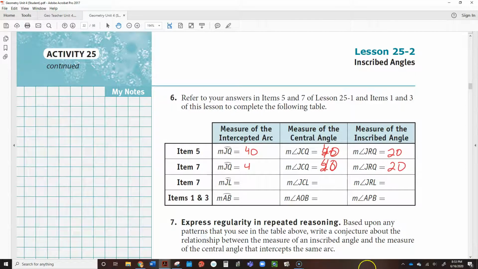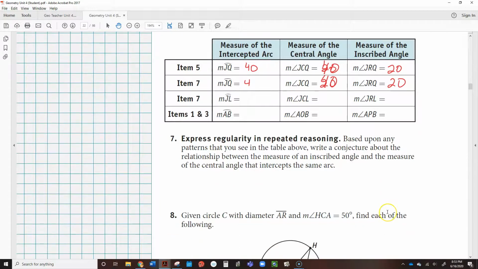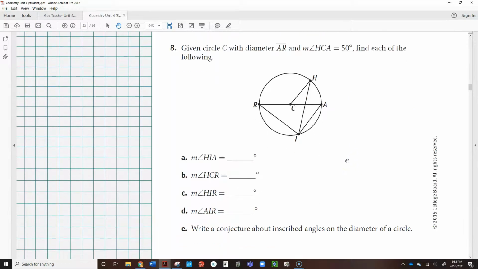Item 7 says, based on any patterns that you see in the table above, write a conjecture about the relationship between the measure of an inscribed angle and the measure of the central angle that intercepts the same arc. I don't know how I'm supposed to answer that. This table's not making any sense. I'm skipping it. I'm tired. It's been a long day. You'll get the point here in just a minute. I promise.